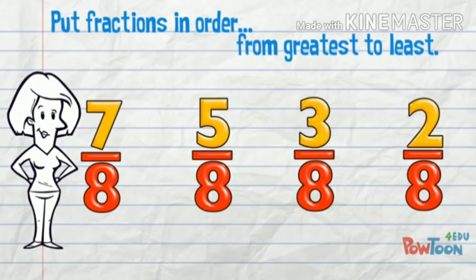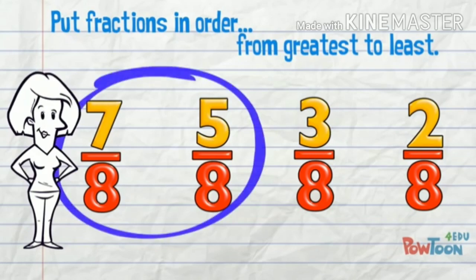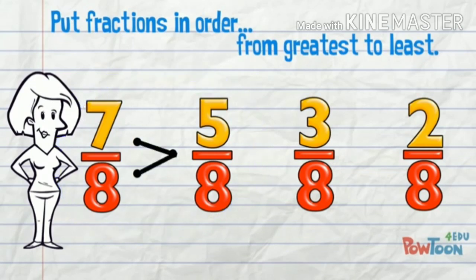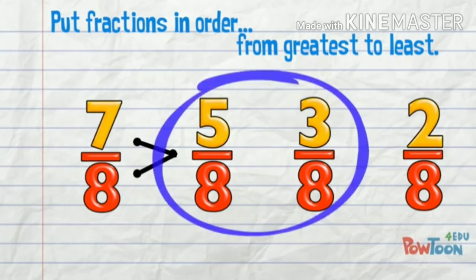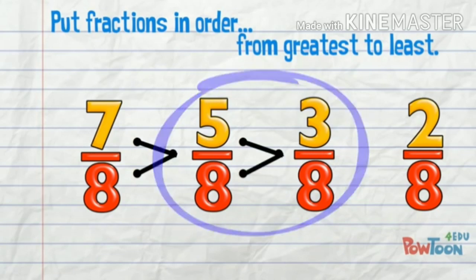We have to use the sign that shows that relationship. Between the first 2 fractions, put 2 dots for the bigger fraction and 1 dot for the smaller fraction. Join the dots, and there's our sign. Greater than. 7/8 is greater than 5/8. And again, between 5/8 and 3/8, 2 dots by the greater fraction, 1 by the smaller fraction. 5/8 is greater than 3/8.